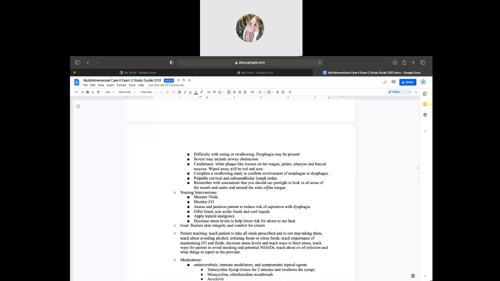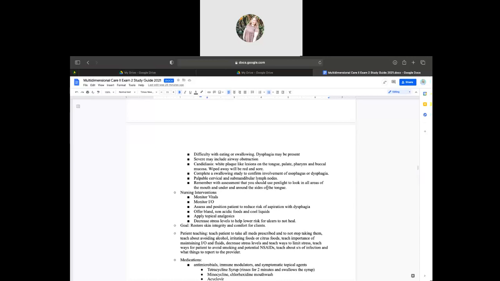Some interventions that we can do: we can monitor vitals, monitor eyes and O's. Remember, you can assess and position patients to reduce risk of aspiration. Give bland, non-acidic foods and cool liquids, because often acidic foods like citrus might be irritating to the mouth. Any spicy foods might be irritating.